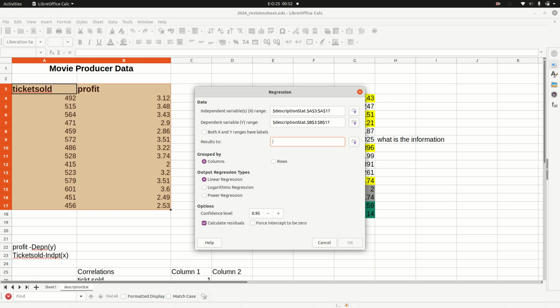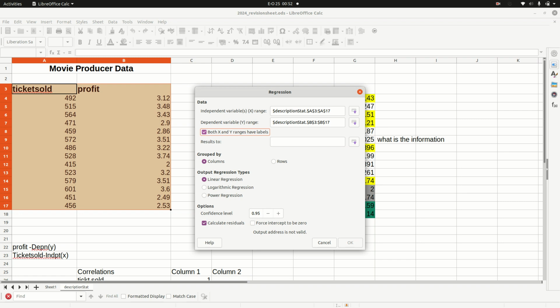Dependent variable, it has picked the second column. If this is not the case, you must provide the right columns. Don't forget that. Excel will pick the first and second as your x and y, but I told you, you must select or predict. The word predict is not correct. You must know which of them is your dependent and which of them is your independent.